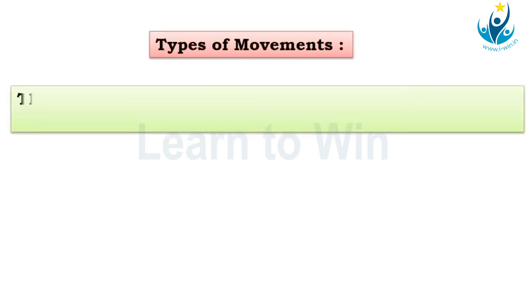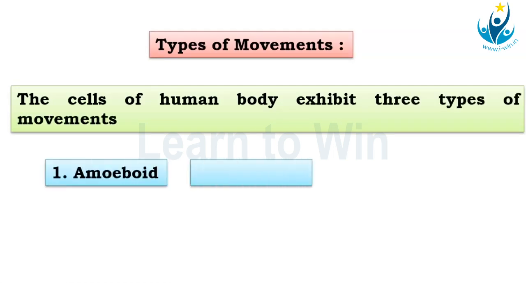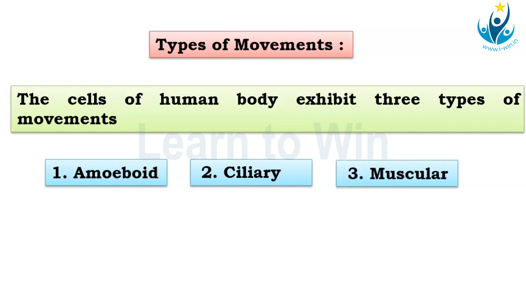Now, the structures that are associated with locomotion are the same structures associated with movement, specifically with respect to human beings. For example, limbs. Limbs contain muscles. Muscles can carry out the movement, and also help in locomotion. So the same kind of structures are associated with locomotion and movement altogether. Now, we have three types of movements seen in cells of the human body: amoeboid movement, ciliary movement, and muscular movement.